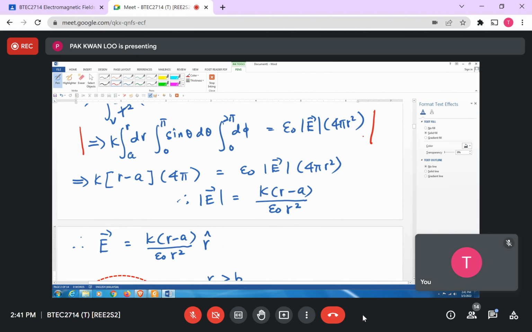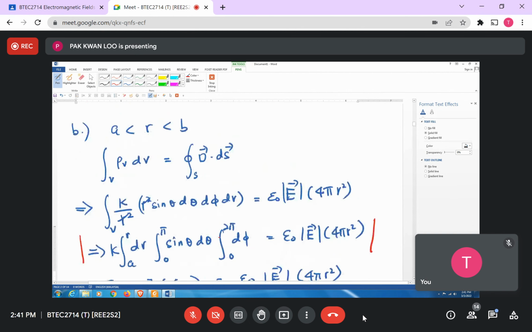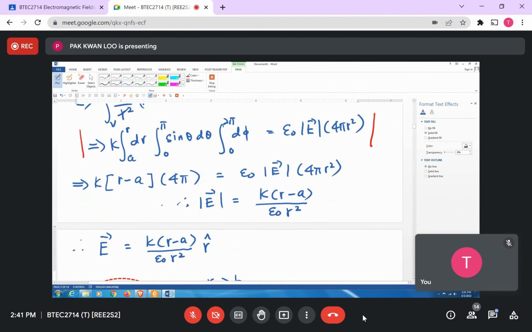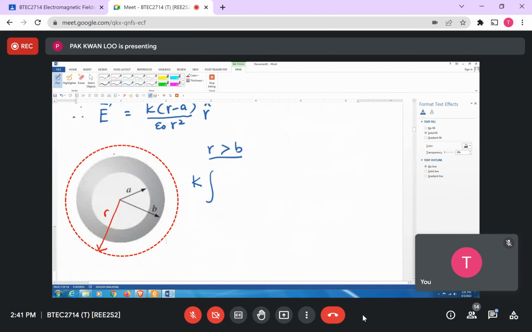The starting expression is the same, but only the limits we have to take into account. Because my Gaussian surface is enclosing the entire structure, the left hand side is representing the charge enclosed.